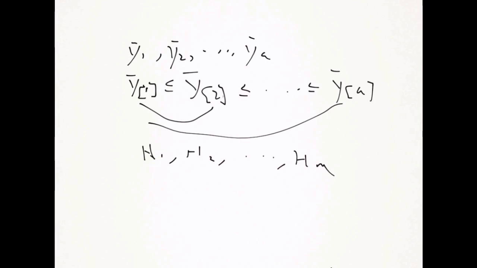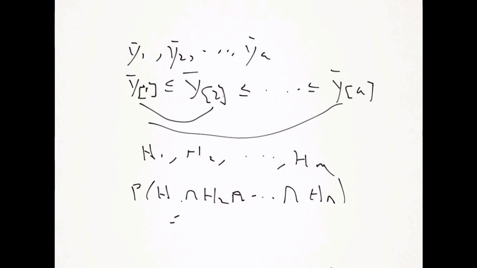And that means we have no false positives, which means if the null hypothesis is true, we accept everything. So if we look at the probability of H1 and H2 and so forth to Hm, then what is that? Well, that's what we were computing there.